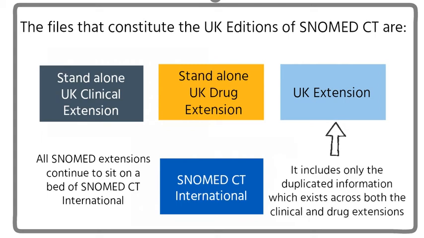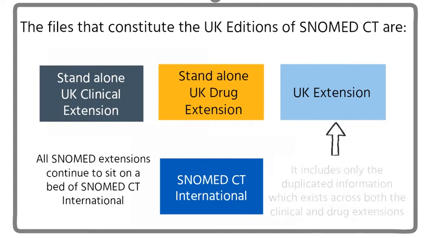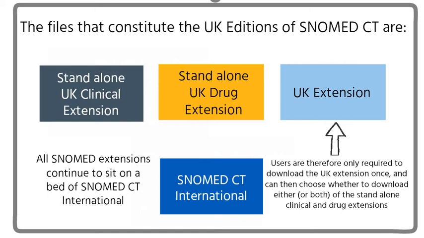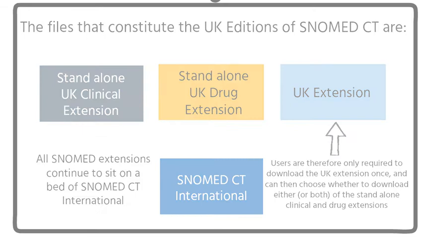It includes only the duplicated information which exists across both the clinical and drug extensions. Users are therefore only required to download the UK extension once and can then choose whether to download either or both of the standalone clinical and drug extensions.